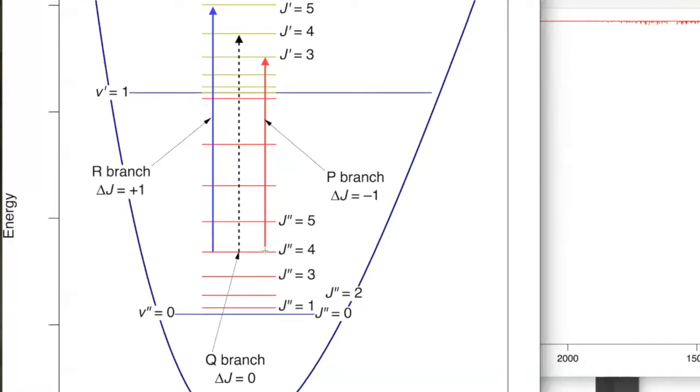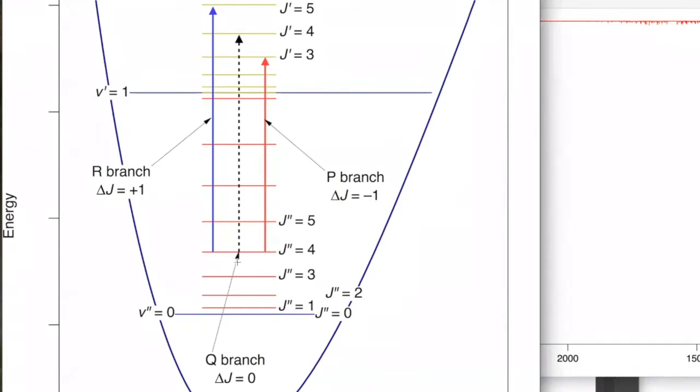There are 3 possibilities. We could go delta J equals -1. We could go delta J equals 0. We could go delta J equals +1. The longer the arrow, the higher the energy of the photon that connects the two. And in HCl, there's no angular momentum associated with the vibration, so we're not allowed to do the Q branch.